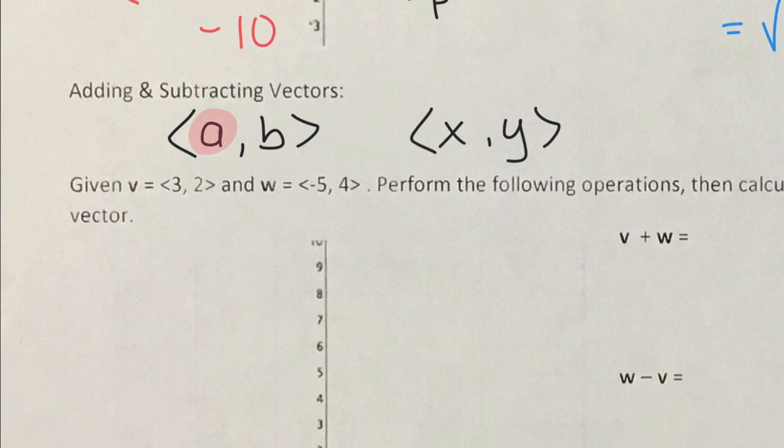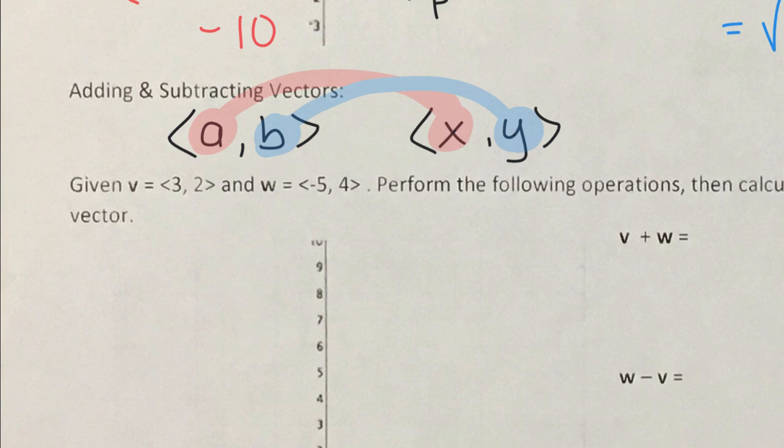The x component combines with the x component, and the y component combines with the y component. If we're adding them, it's the x stuff added together and the y stuff added together. If you're subtracting them, it's the x stuff minus each other and the y stuff minus each other. Pretty simple. You just add the like terms.